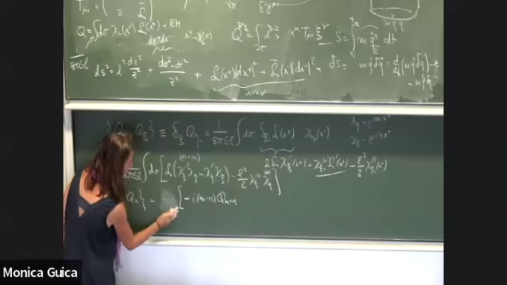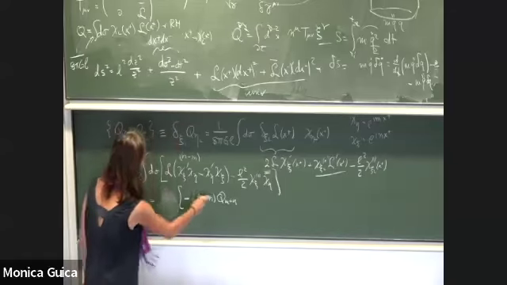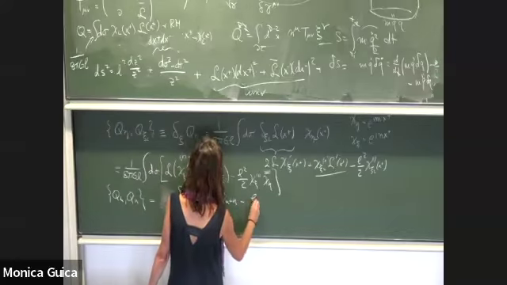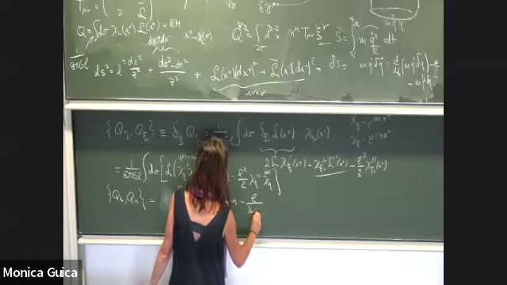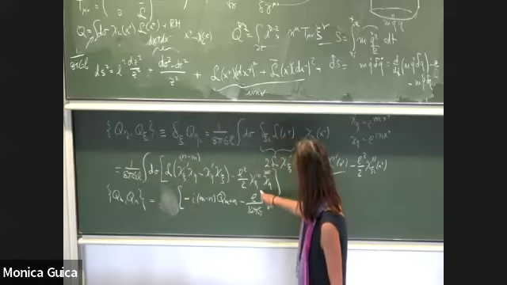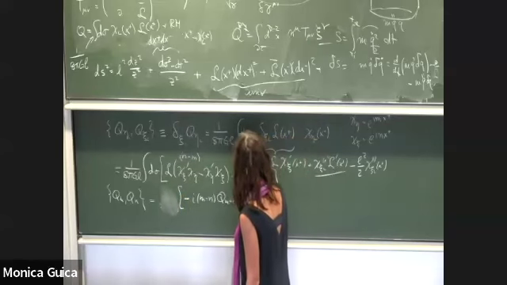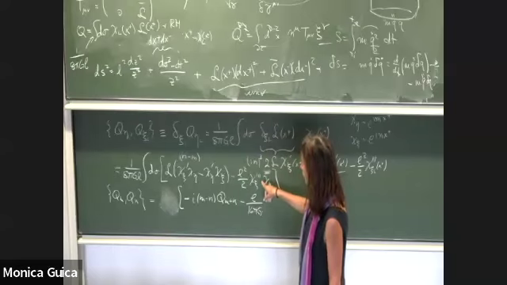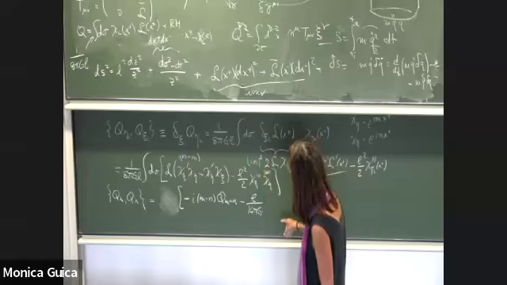Sorry, it's without this term because I absorbed it into the Q. And then I have minus L over 16 pi G. And then this guy is going to be i n cubed. And then you see that I have no L, so basically this is going to give me a delta function of m plus n.